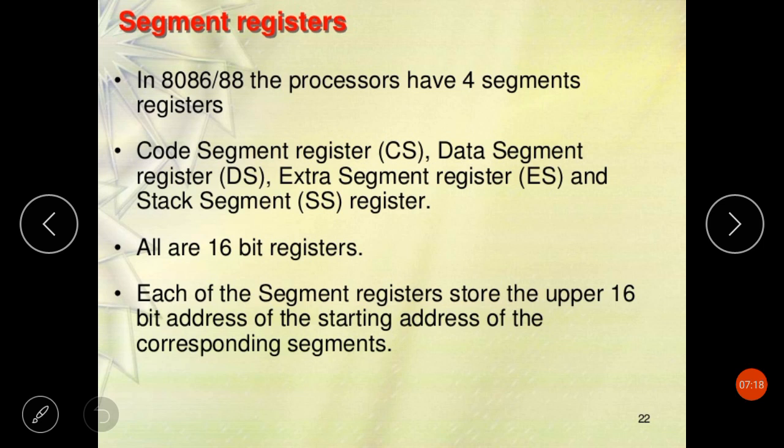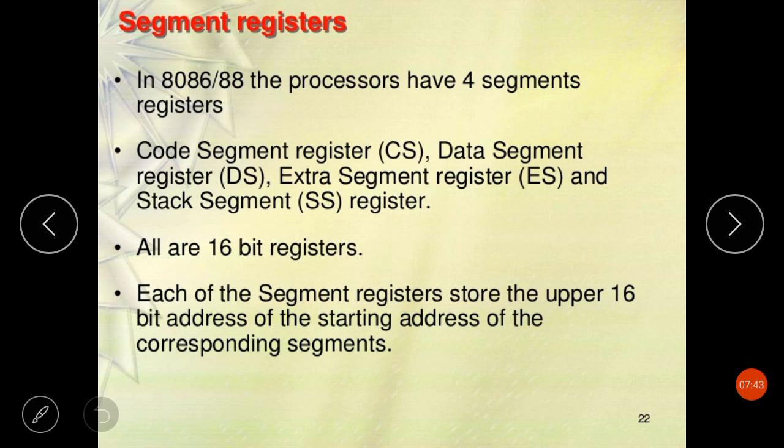These 4 segment registers are the code segment register, data segment register, stack segment register and extra segment register. They hold the upper 16 bits of the starting addresses of the 4 memory segments on which the 8086 works at a particular time.